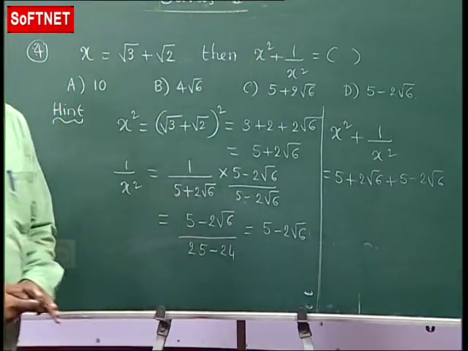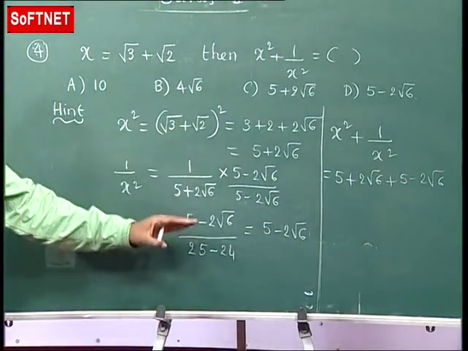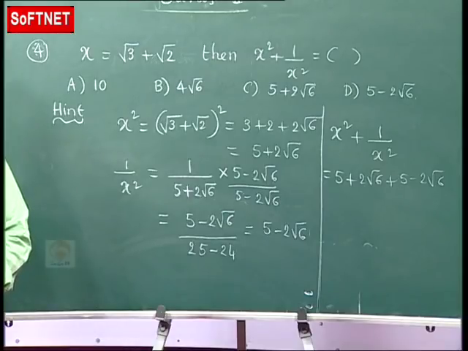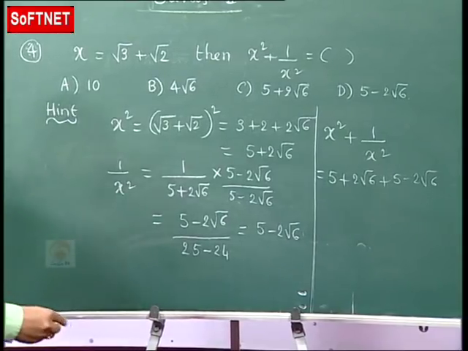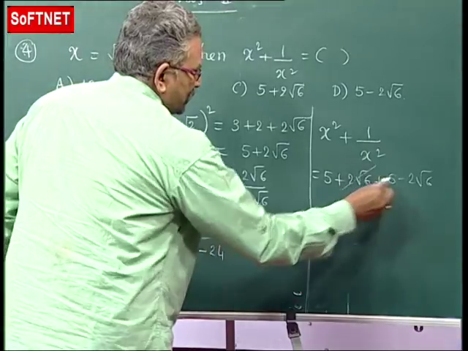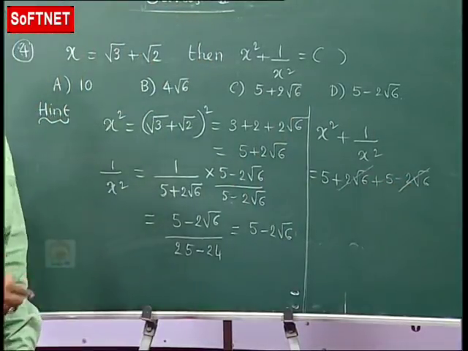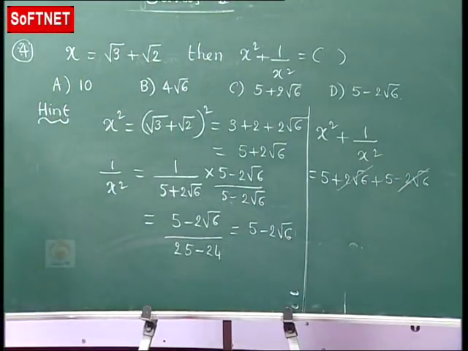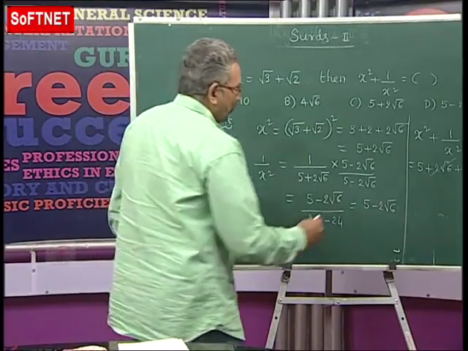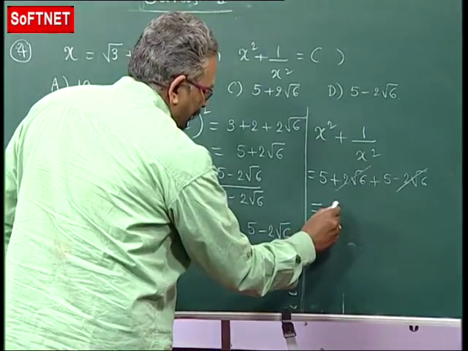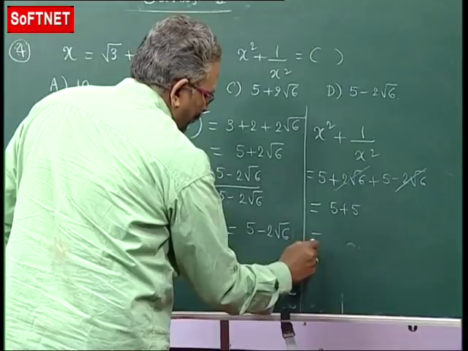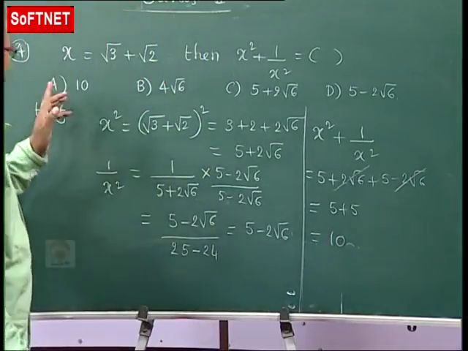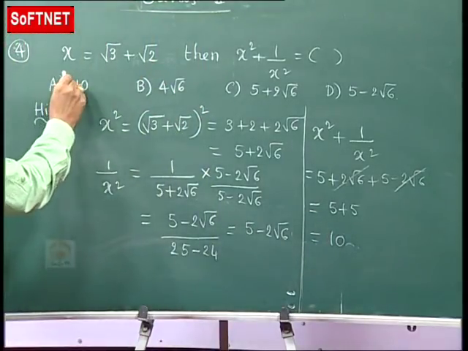Just observe the problem. Now 2 root 6 gets cancelled. So what is the answer? 5 plus 5 equals 10. So the first, A, is the right option.